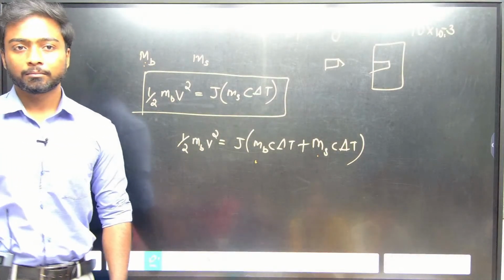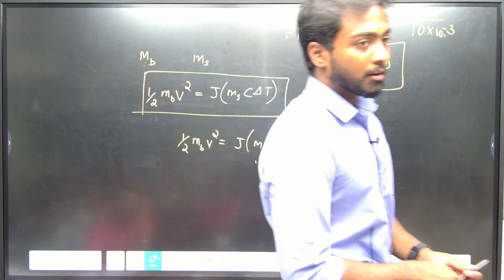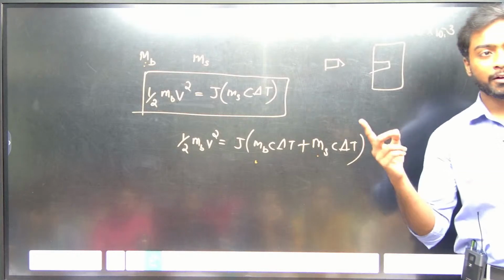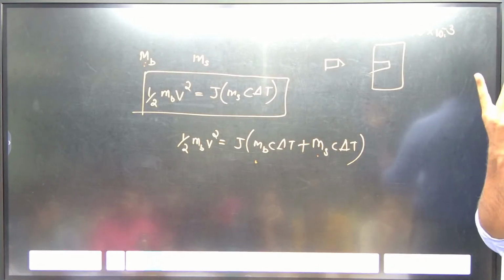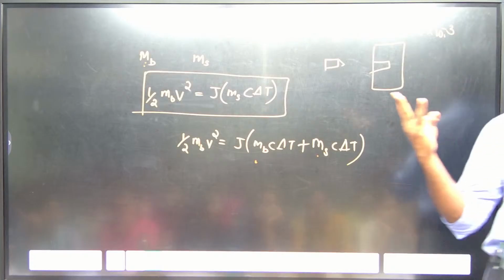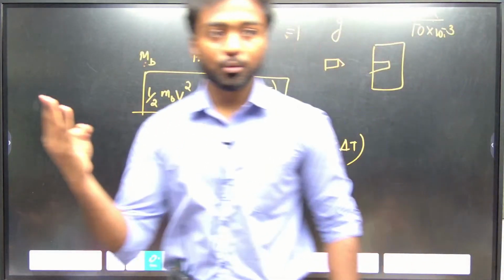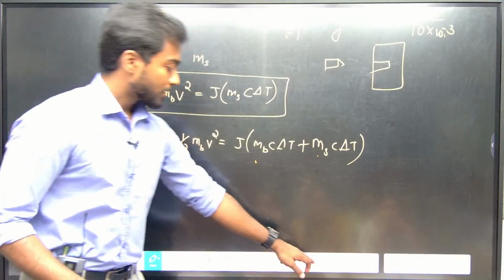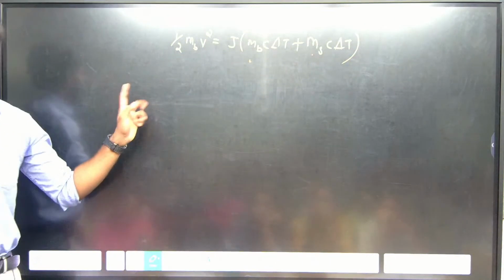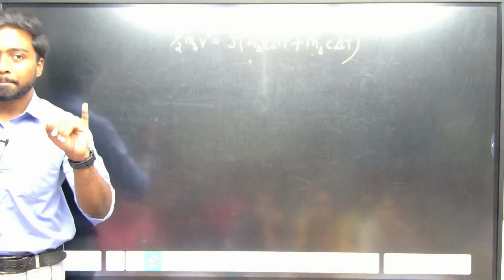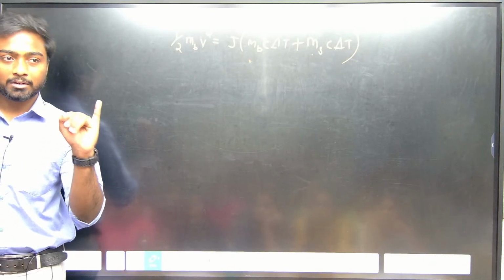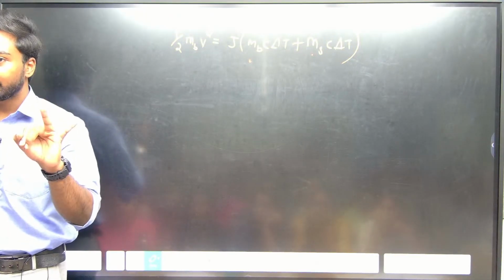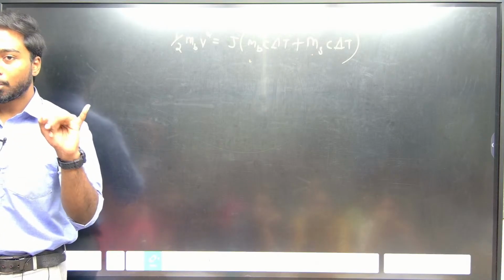Completed. The next application is, listen, the bullet is fired, and after penetrating, the bullet completely melts down and the slab temperature is increasing. So what will be the formula? One is melting down, one is increasing.